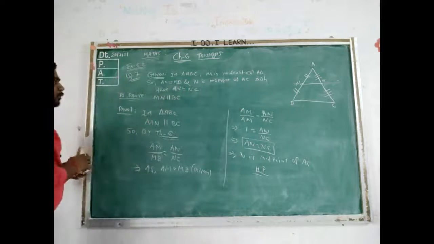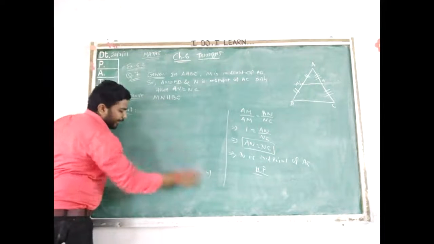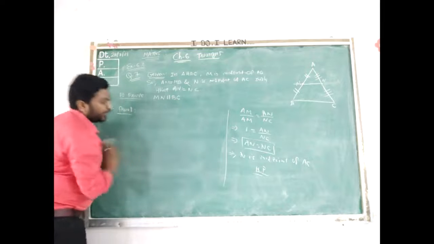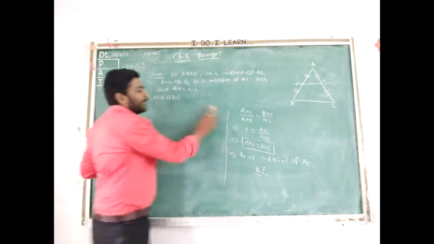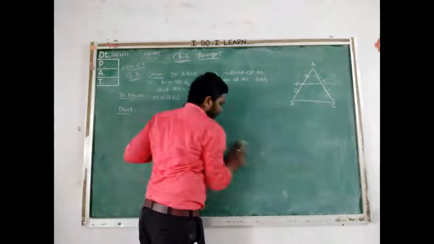Now please go through the given and to prove once. Anyone having any doubt? Read question 8 properly and see whatever I have written in given and to prove. Is there anyone who is having any doubt? Then please ask.